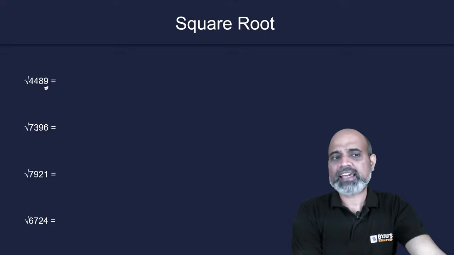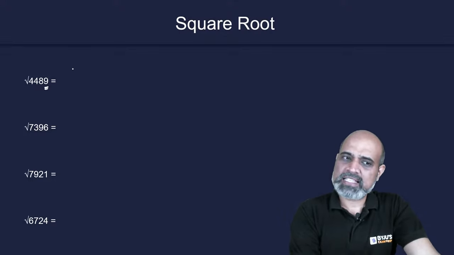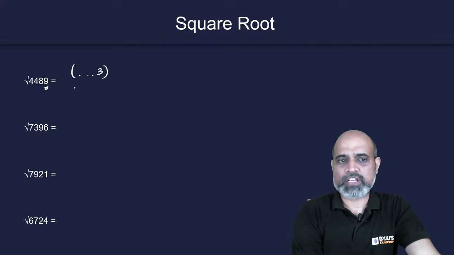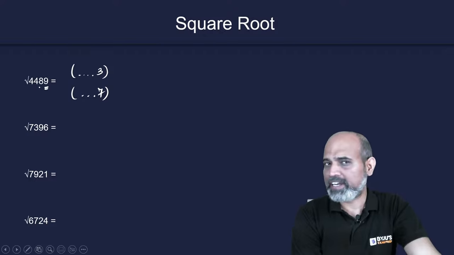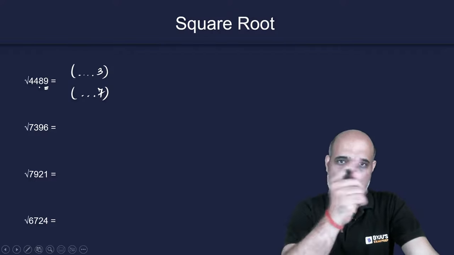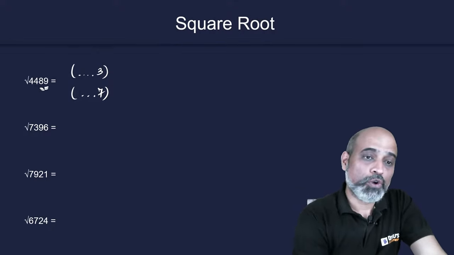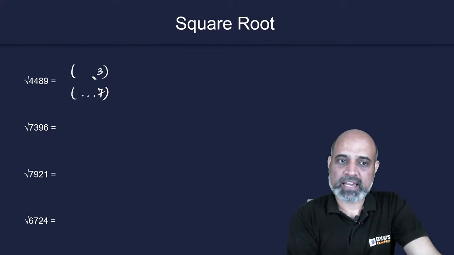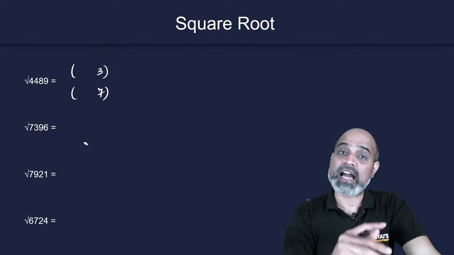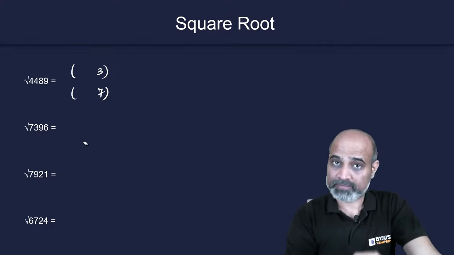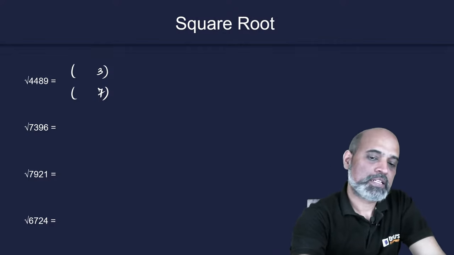Looking at this 9, can I say the number which ends in 3 or which ends in 7 will give 4489 as its square? Because the square of 3 ends in 9, and 7 squared also ends in 9. So looking at the last digit 9, I can very much say that my answer will end in 3 or 7. Okay? This is your first step.